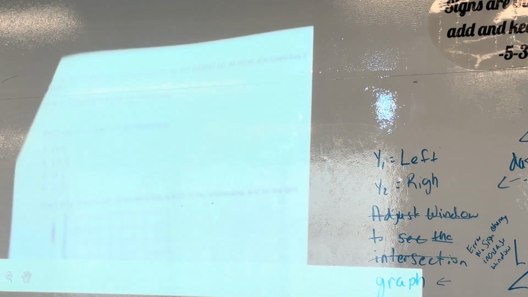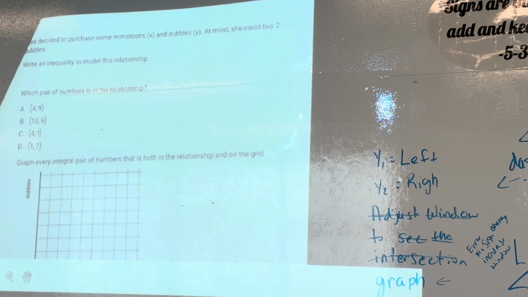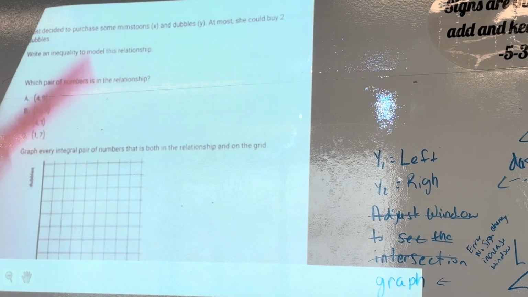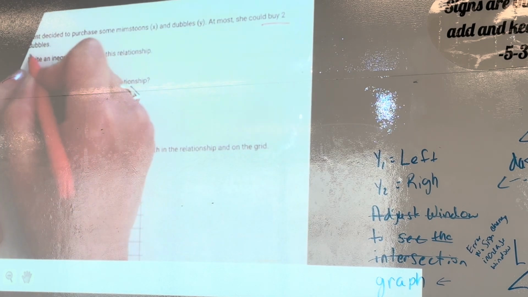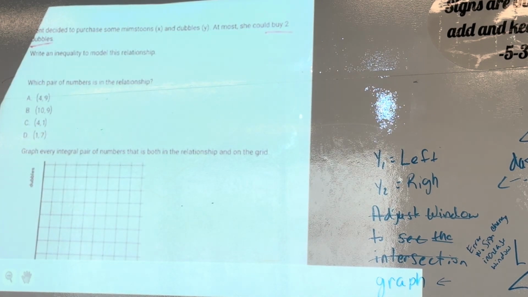And last one, number 3. She decided to purchase some singles and doubles. At most, she could buy 2 doubles. Can she buy any singles? No. So is there going to be any x's? No. So doubles is our y.